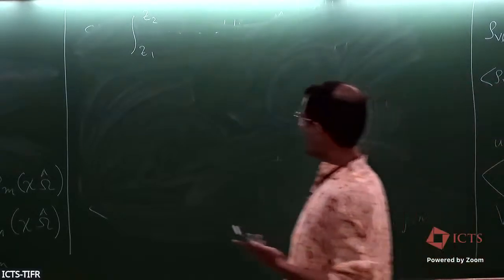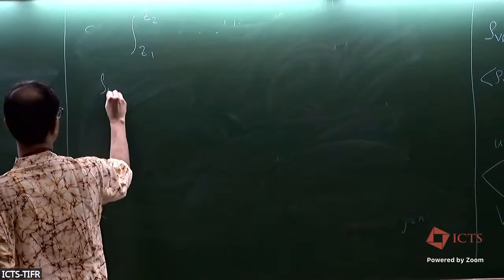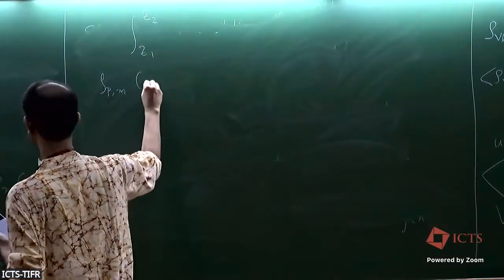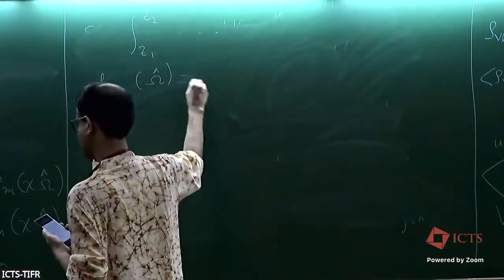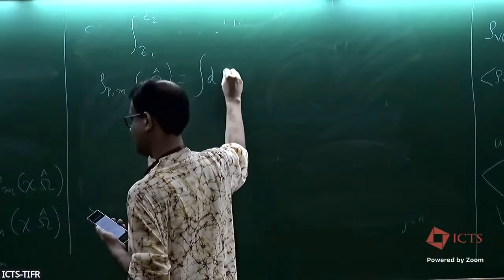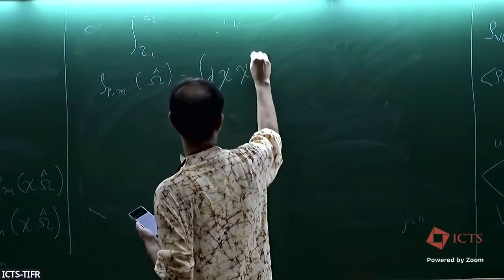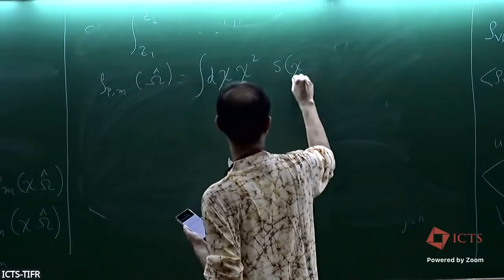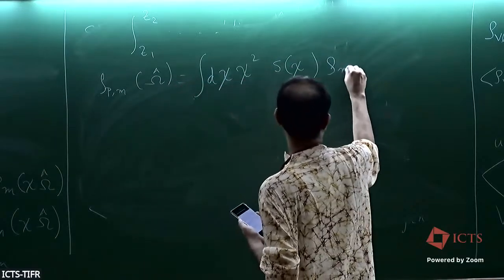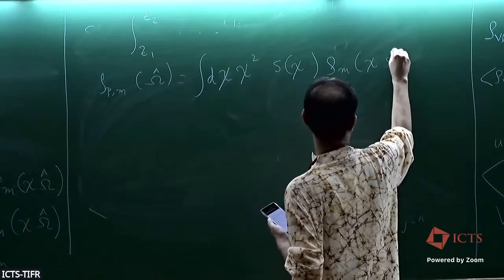Sometimes you will have redshifts, but they will be very inaccurate. You cannot trust them beyond some point. So in that case, you will write this quantity as some dz, or let's say d chi square, some s of chi rho m of chi omega.